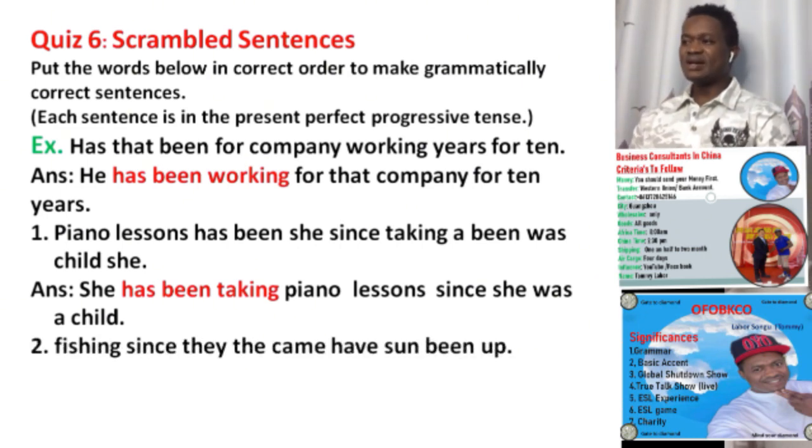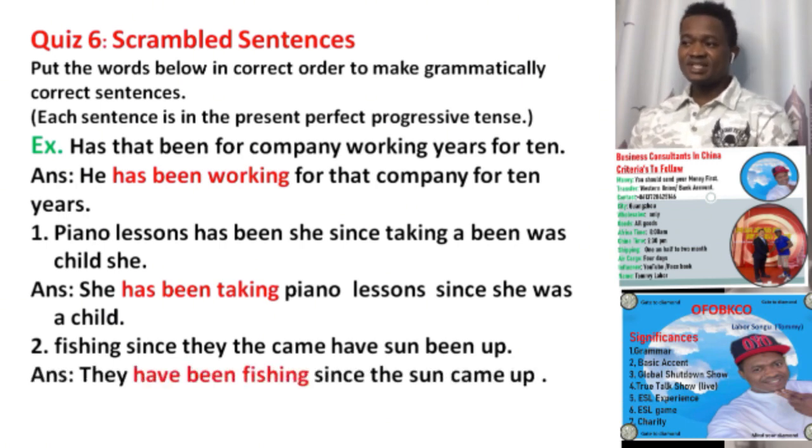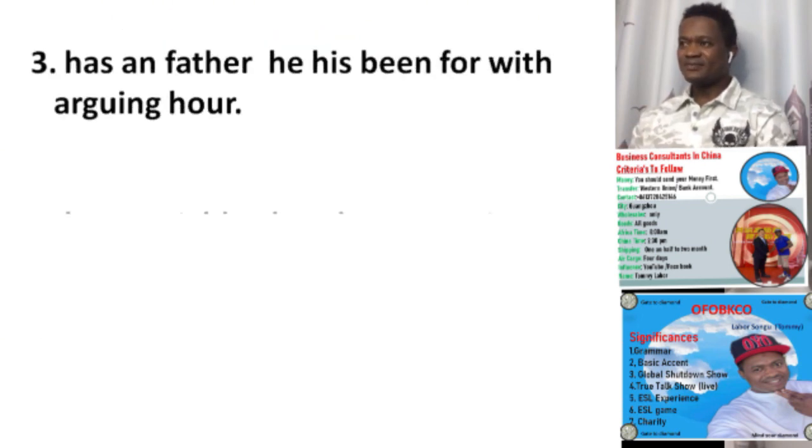Finishings they came have sun been up. It doesn't make sense. We need a sentence that makes sense. All right? Okay, let's go. They have been finishing since the sun came up. So this makes sense. This is the answer. All right, guys, let's go. Has and father is being for with again our.